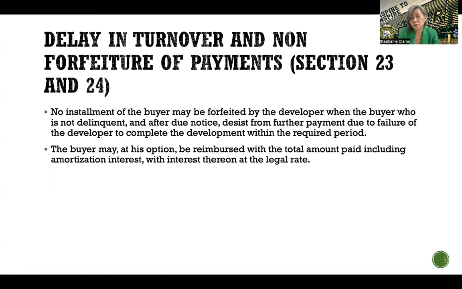So in this instance, the buyer can choose between being reimbursed of the total amount paid, including amortization interest, with interest at the legal rate, or demand completion of the development project.